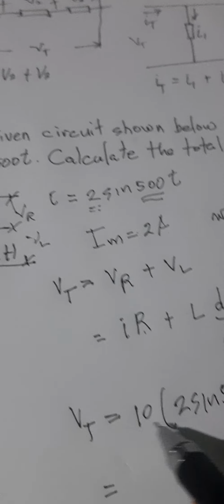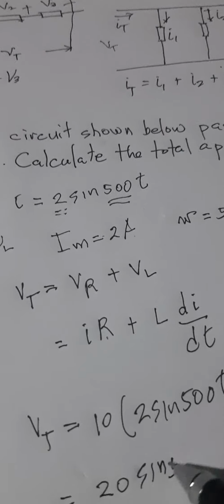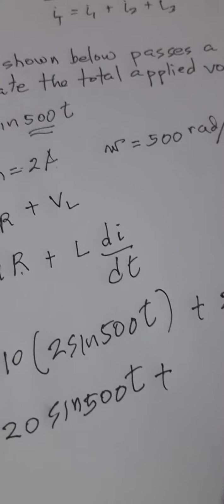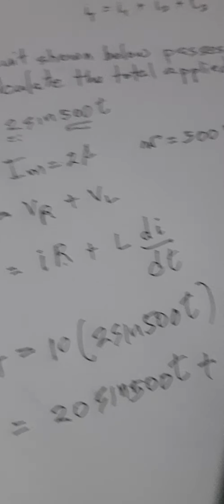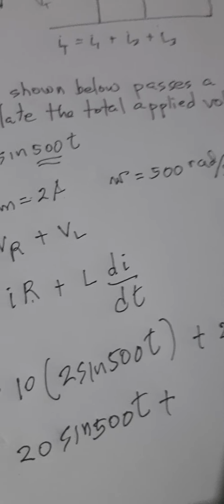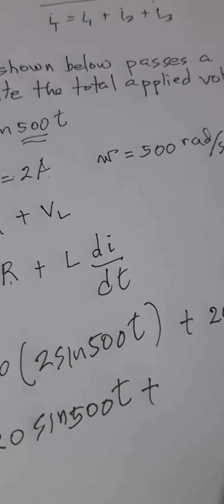2 times 10 is 20 sine of 500t plus 2 times 20 times 10 raised to negative 3 multiplied by 500.